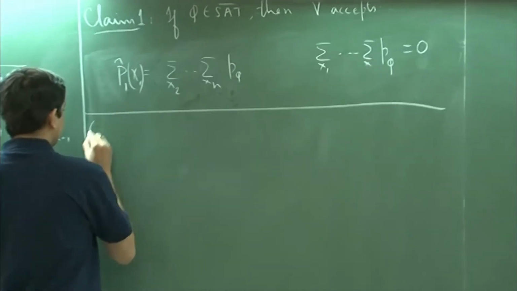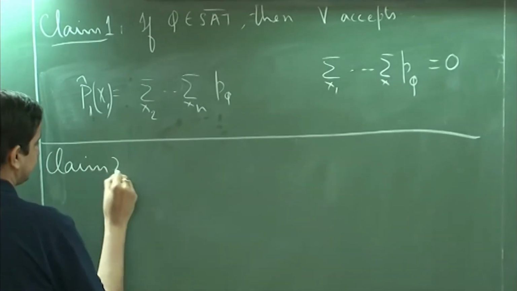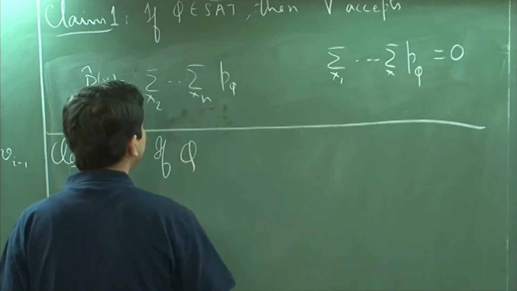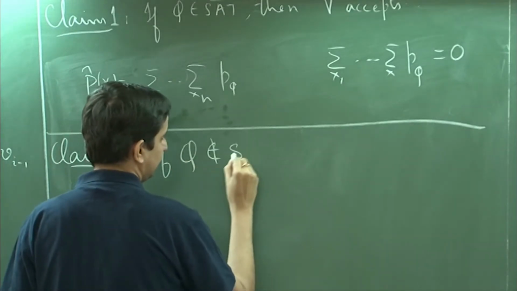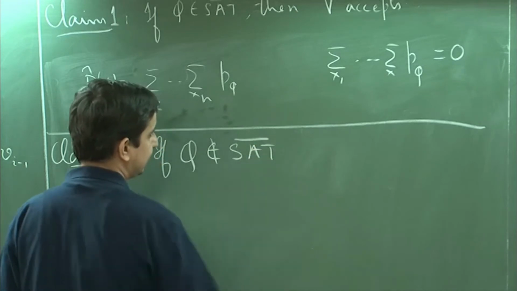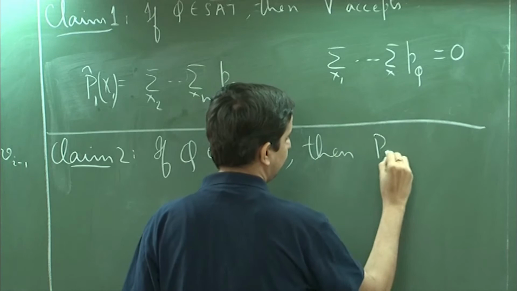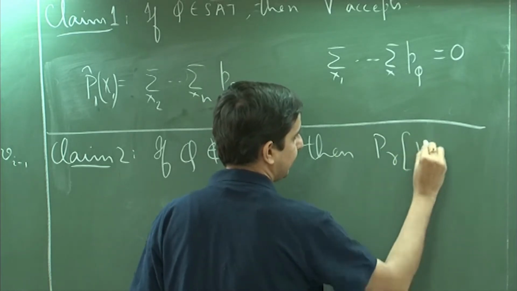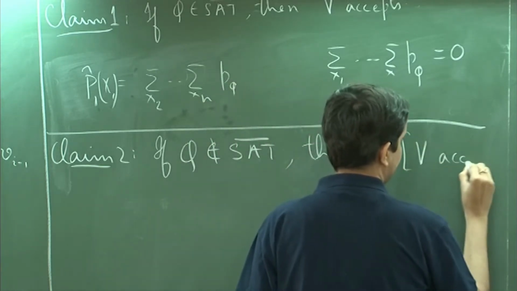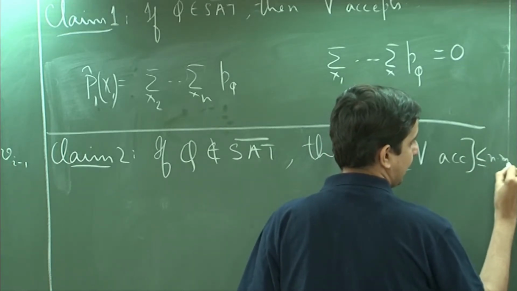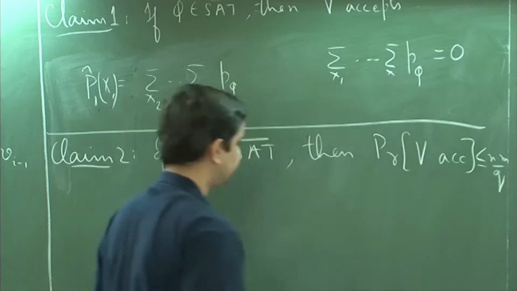So, if phi is satisfiable, then we claim that the probability that the verifier ends up accepting is at most nm by q.